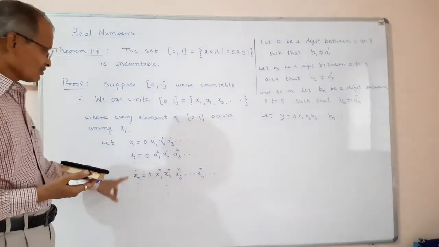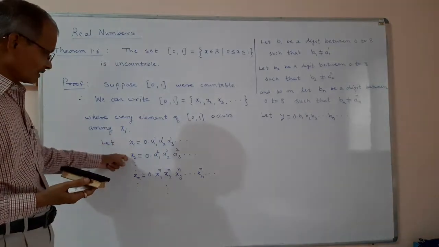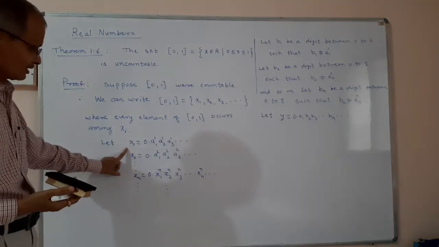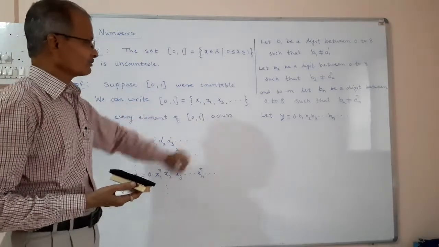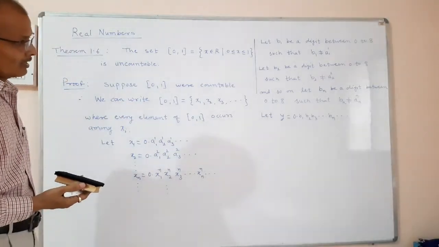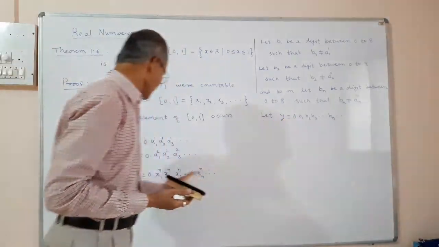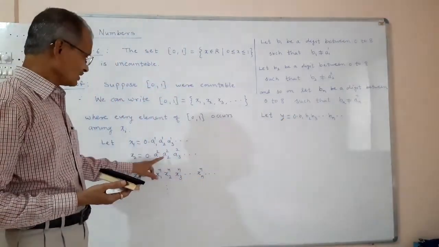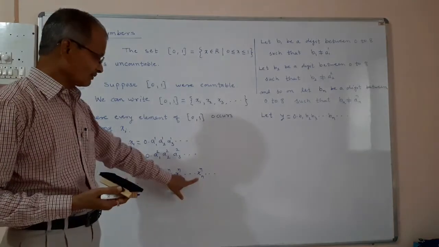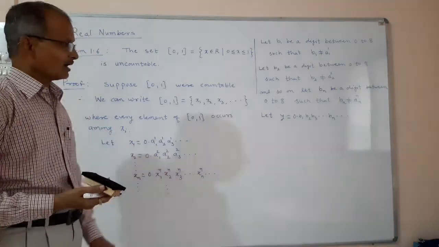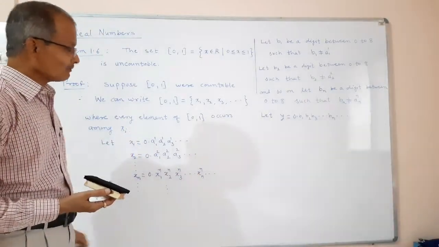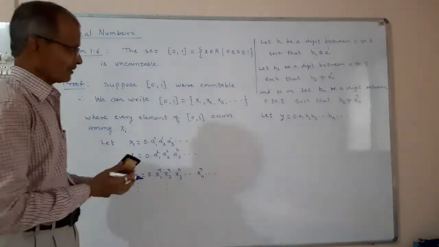So y is not equal to x1, x2 or any member of this representation, up to xn or up to infinity, because b1 is different from a11, b2 is different from a22, bn is different from xn, and therefore y is different from each of these xi.